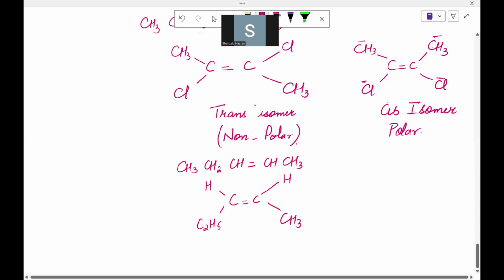So this is basically a cis isomer, and that doesn't seem to be a polar one. And here we have this kind of isomer, that is H here, C2H5 here, and then we have CH3 here and H here. So this is basically a trans isomer.